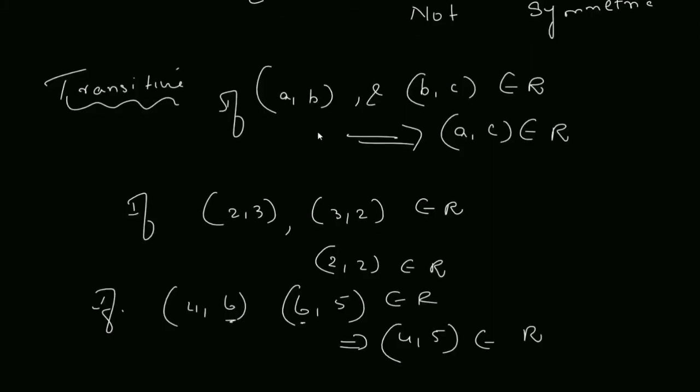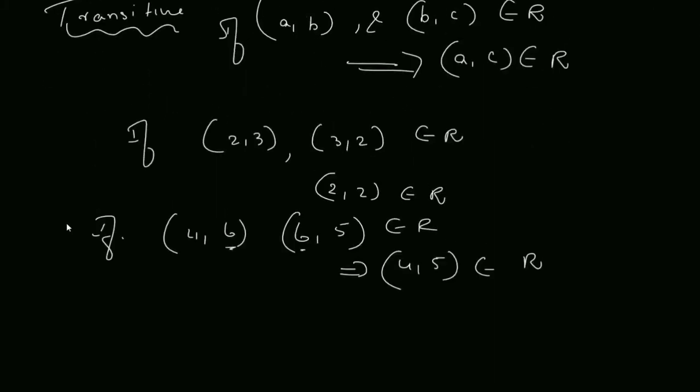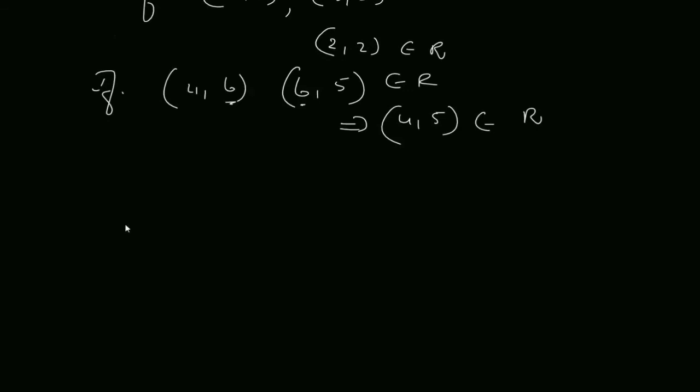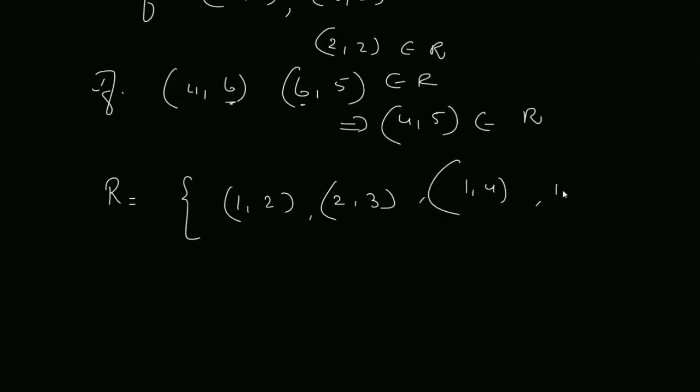I'll give you an example. The same set A we will take. Suppose the relation R is {(1, 2), (2, 3), (1, 4), (1, 3)}.